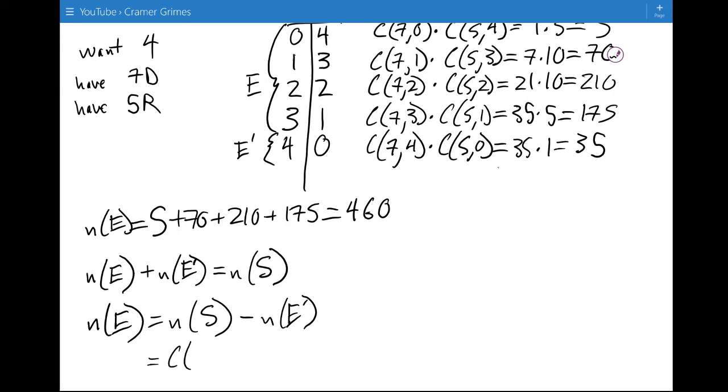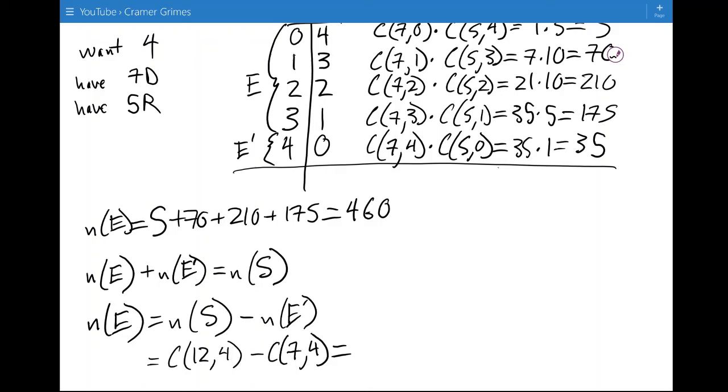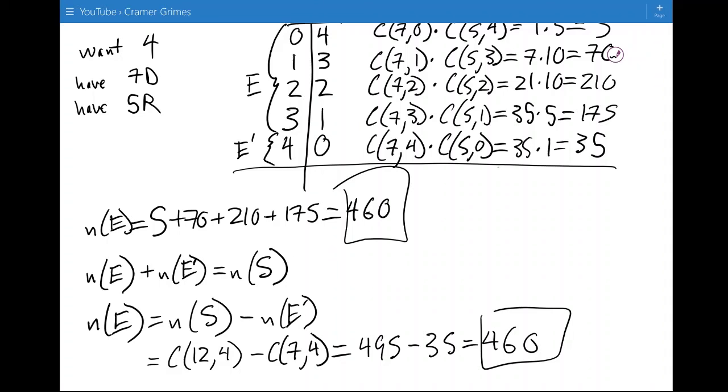So that would be combination of the 12 people, choose 4, minus the case where we didn't have any Republicans. That would be combination of the 7 Democrats, choose 4 of them. 12 choose 4 is 495, and then 7 choose 4 was 35, and that gives us 460. So the same number of ways.